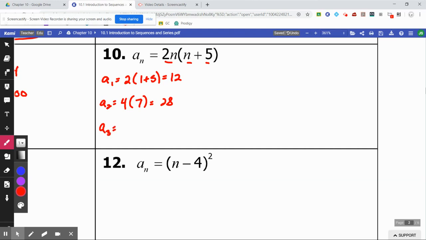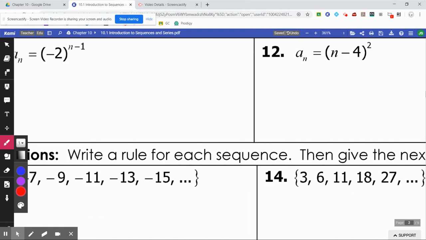A of 3 would be 6 times 8, which would be 48. A of 4 would be plug in a 4 and 4. That'd be an 8 times 9, which is 72. And then finally, A of 5 would be 10 times 10, which is 100. There's your first 5 terms of the sequence. Number 11.